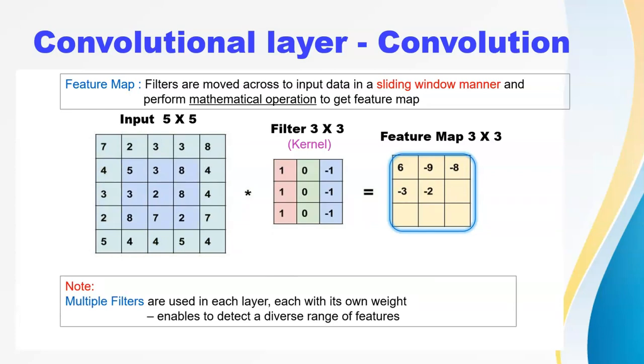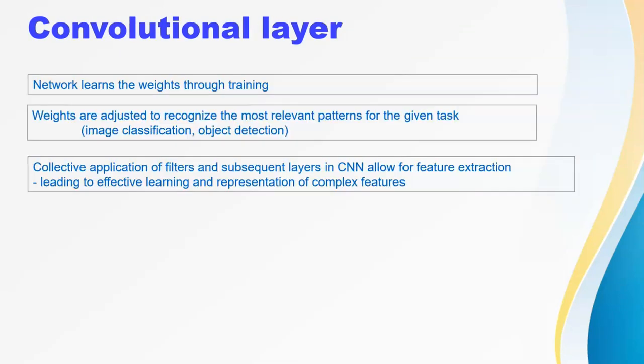In the example shown, we have only one filter used, but multiple filters are typically used in each layer of CNN, each with its own weights, enabling the model to detect a diverse range of features. Let us note a few important points at this juncture. Basically, the network learns the weights through learning.